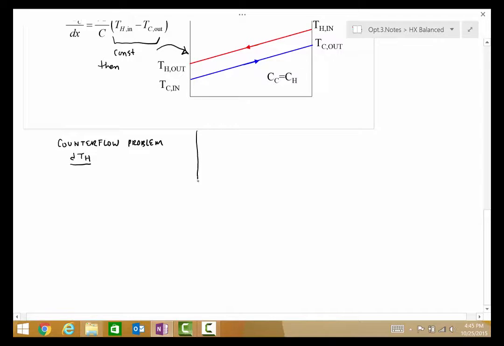Sketching it here, we have a hot stream coming in at TH in and leaving at some TH out, and a cold stream TC in with some TC out.